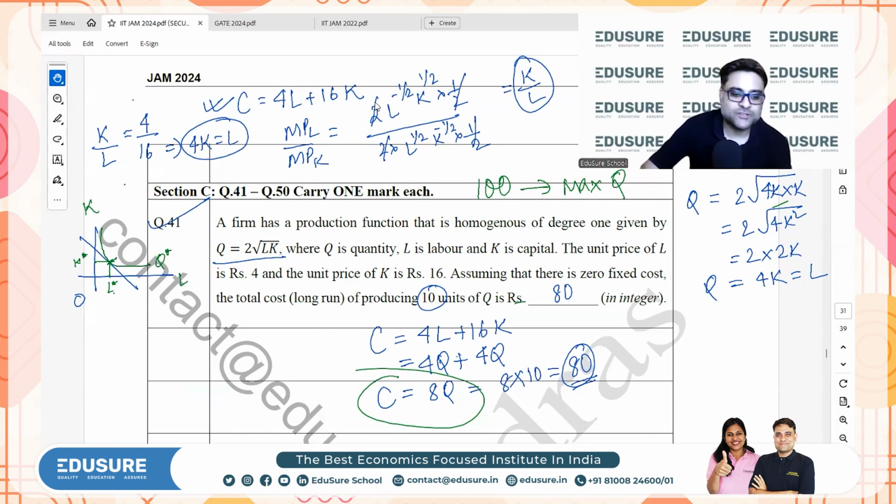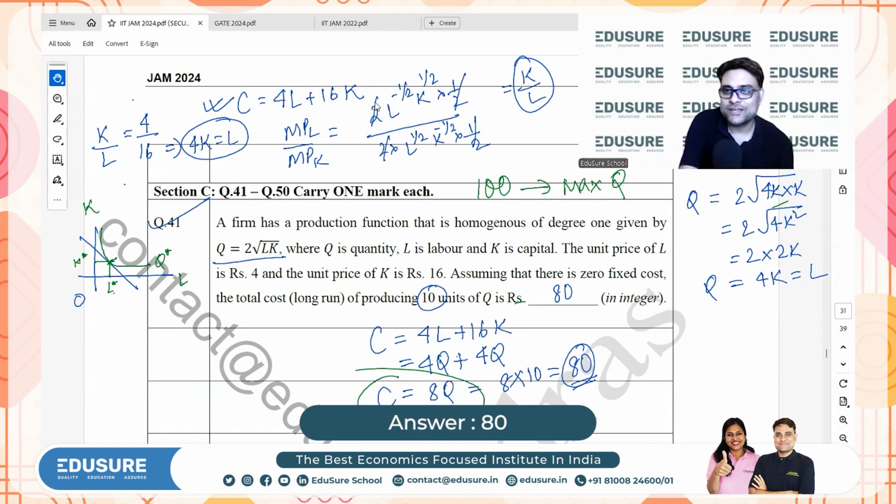So the slope of the isoquant and the slope of the isocost are equated. I get Q in terms of L and K. Put that Q in the cost function, the isocost line, and you get the cost function. So C is equal to 8Q, Q is equal to 10, cost is equal to 80.